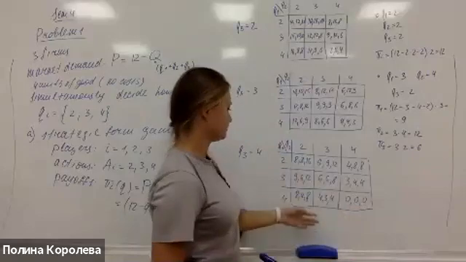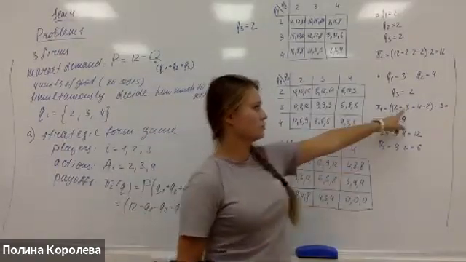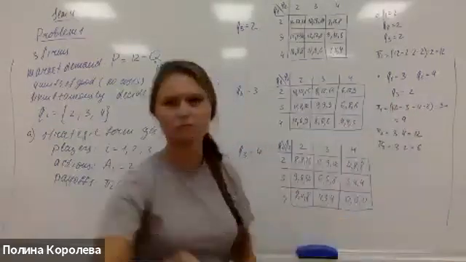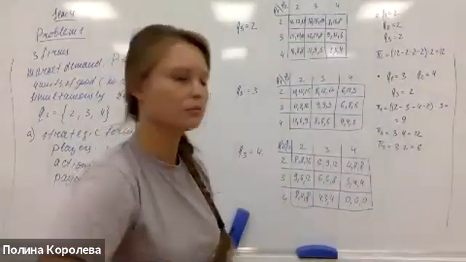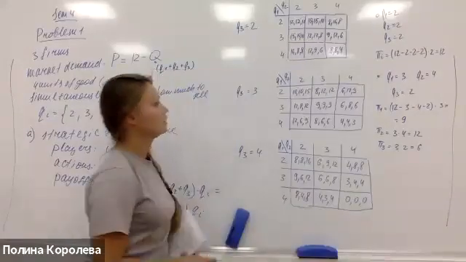About zeros, it's clear, because if quantity of each is 4, the price will be 0. So profit of each firm will also be 0.